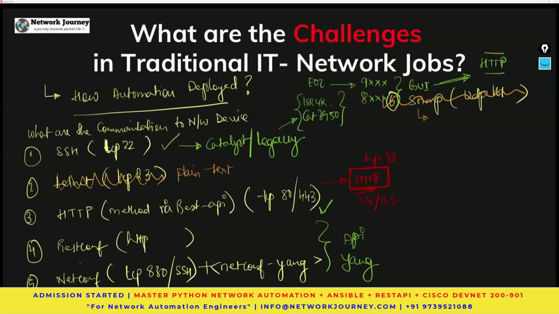Okay, and in the case of HTTP, all the other vendors like Palo Alto, Cisco FTD, Cisco ISE, SD-WAN, let's say we manage ACI, let's say APIC Controller, SD Access, let's say DNAC Controller.